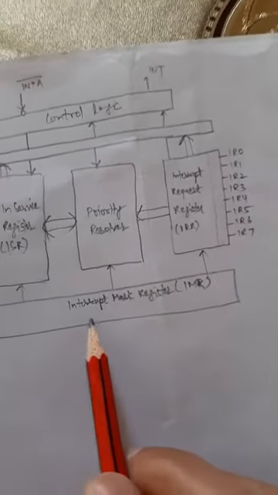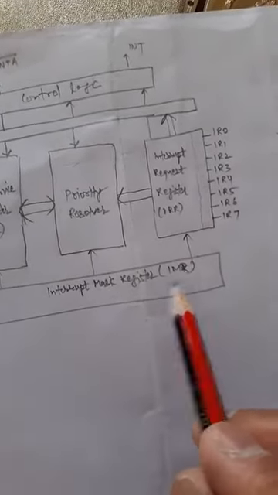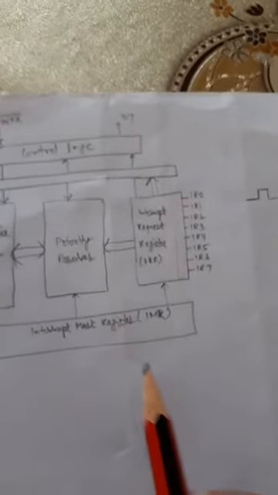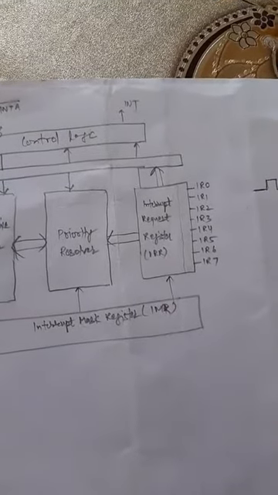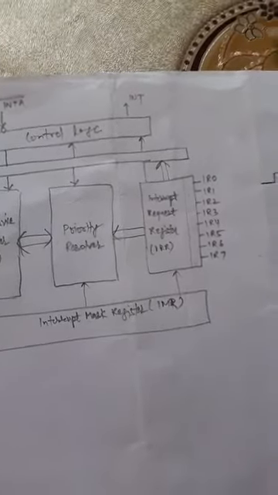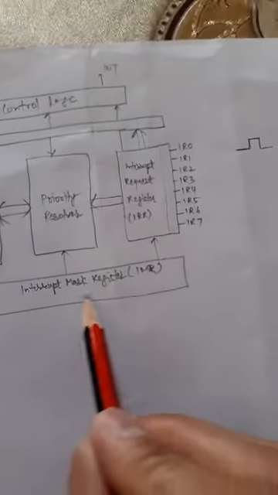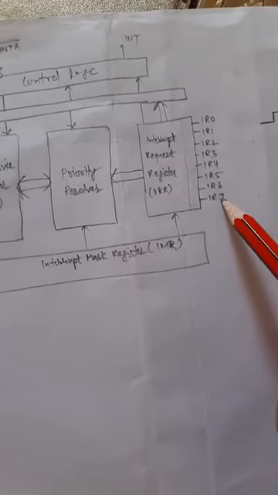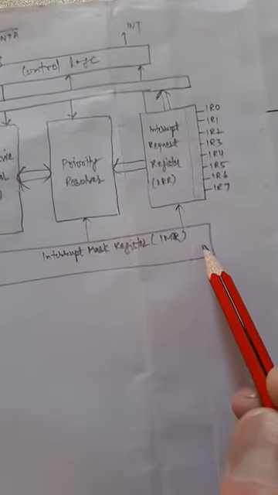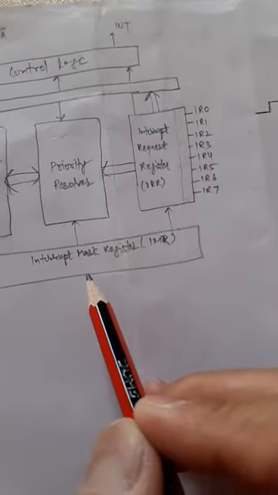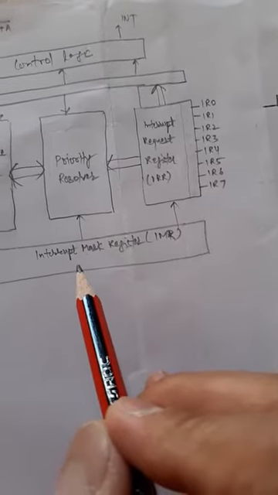The next check is the interrupt mask register, which again has 8 bits. In the earlier lecture I told you that the 8259 has the facility to individually mask the interrupts. So here is an 8-bit register where each bit corresponds to a pin, and if any interrupt is masked, the corresponding bit will be 1.